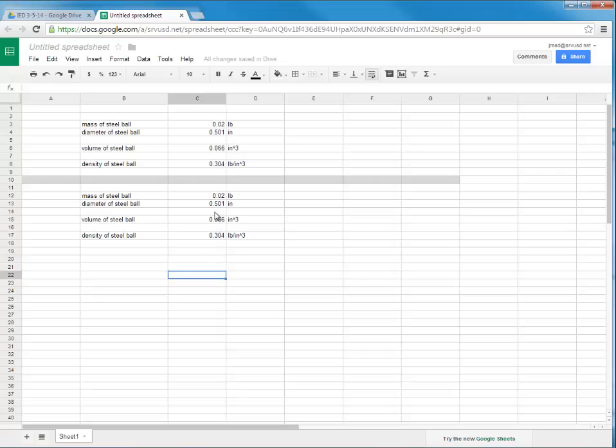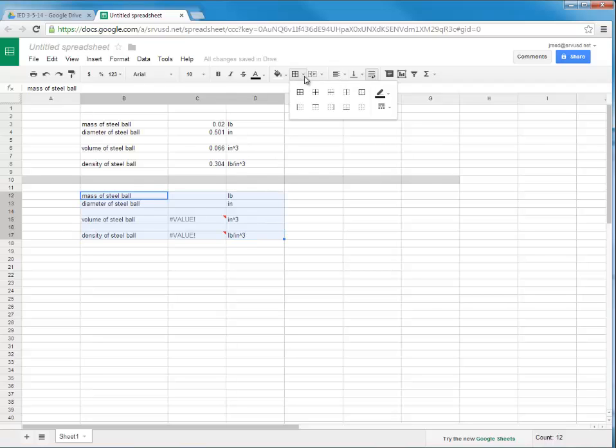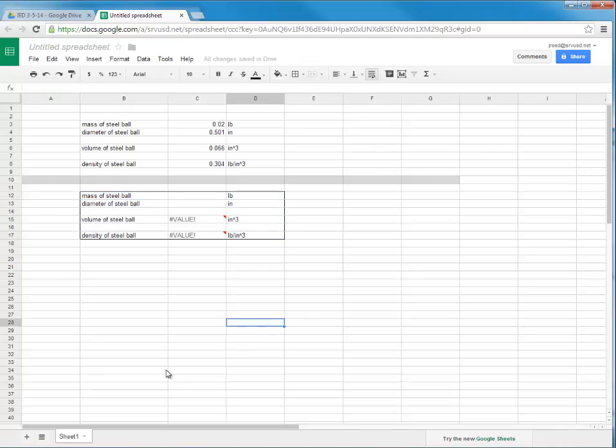So that worked. Now what I can do is keep these blank, and what I'm going to put a box around is really the most important part. So say I have a mass of 0.05 pounds, and the diameter is a little bigger at 0.75 inches.